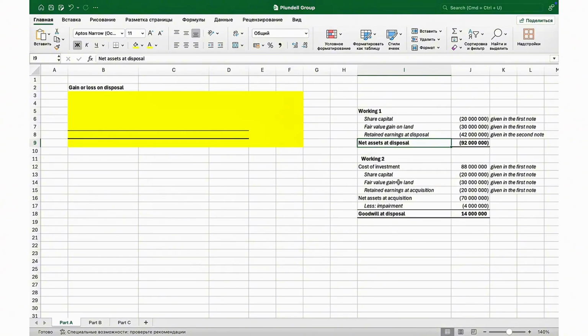Also, since impairment was recognized, it should be deducted as well. Summing up all of the above mentioned inputs and deducting from cost of investment would result in goodwill at disposal.